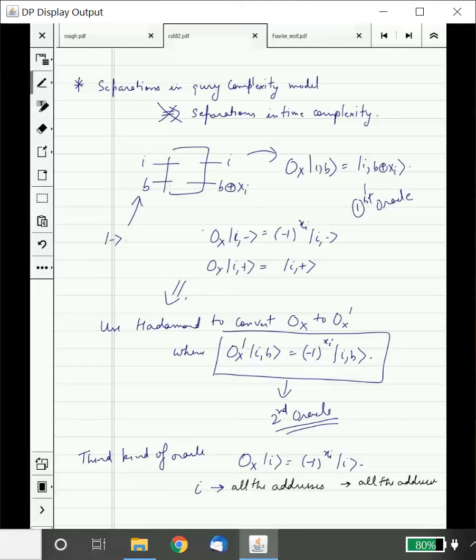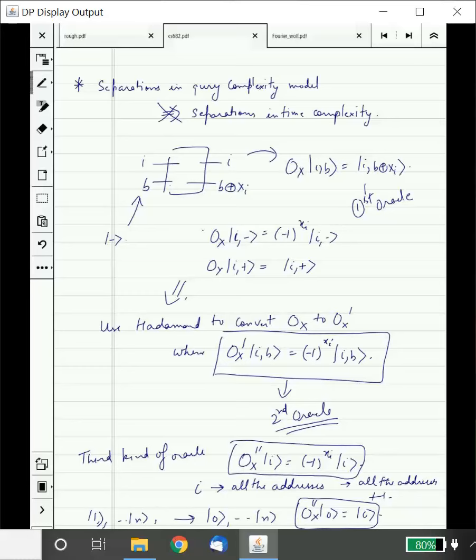It will have one more state. You can think of it as, if the addresses are 1 to n, now my i will take values 0 to n, and then O_X of 0 will be just 0.